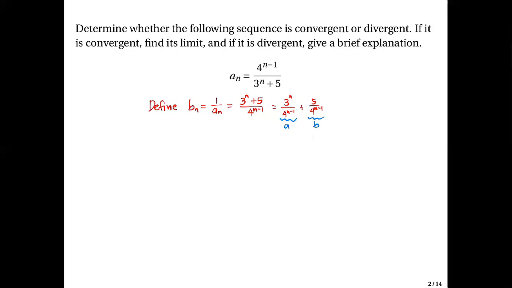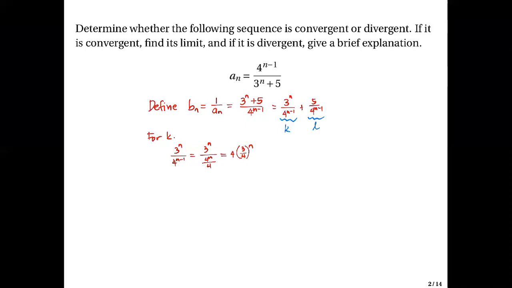Let me just call this guy here K, and this guy here L. So for K, we have 3 to the n over 4 to the n minus 1. We can rewrite this as 3 to the n over 4 to the n over 4. Or simply, this is just 4 times 3 over 4 raised to power n.